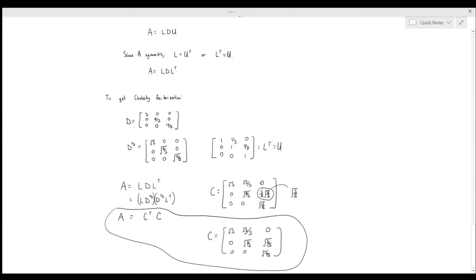And then the matrix D will have positive or at least non-negative entries on the diagonal, so that you'll be able to square root it by square rooting each of the diagonal entries. And then by splitting your diagonal matrix into 2 with its square roots, you can then calculate the matrix C as being the square root of D, and then times the U that you had in the LDU decomposition. Okay.